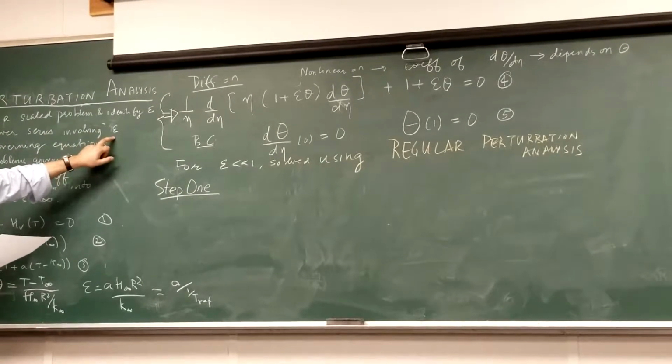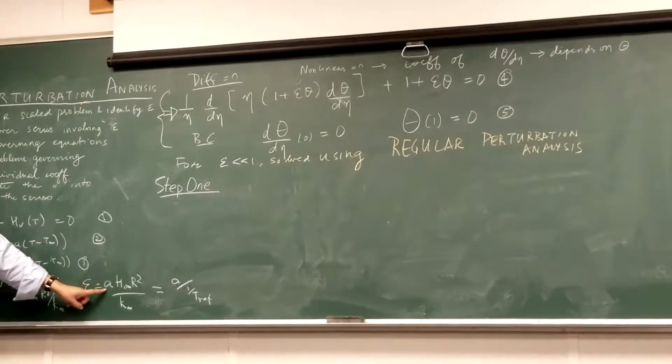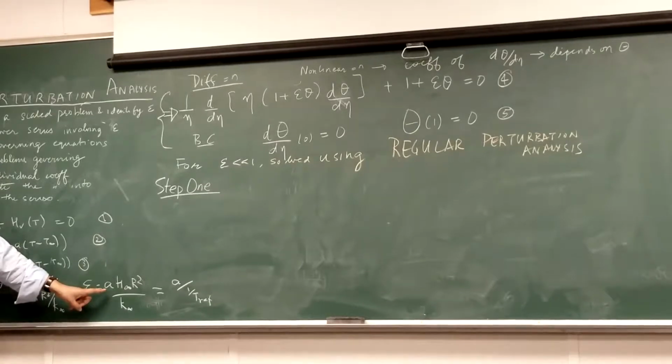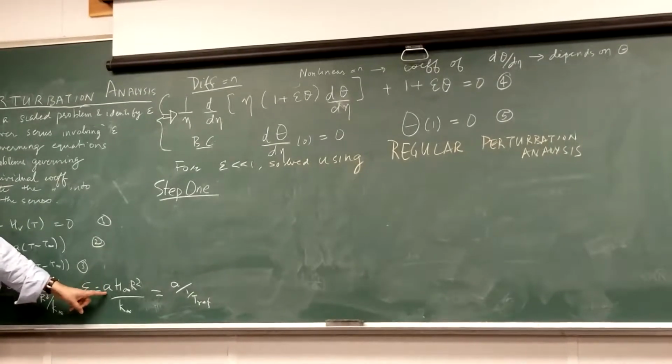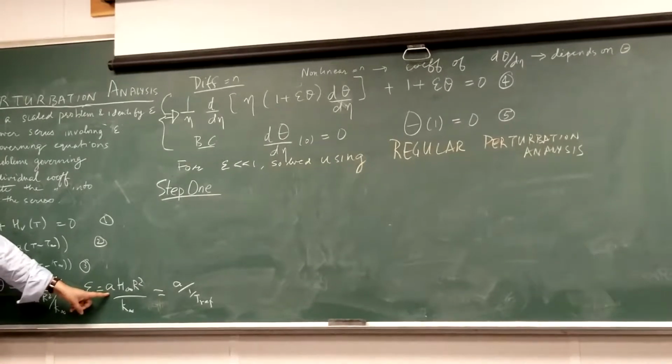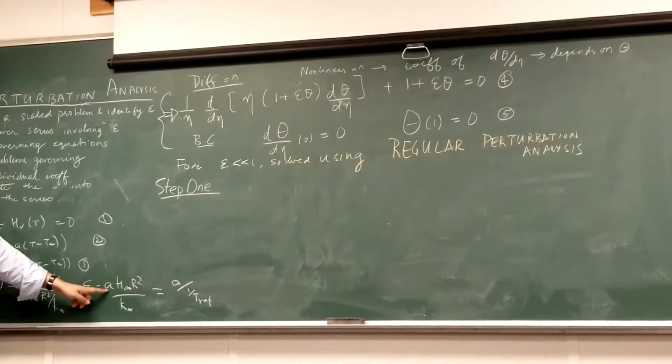So epsilon here is in some sense a ratio of a constant. If I fix the temperature, if I fix the material, then this is a material dependent property. Of course, it depends on the choice of material, but once I pick the material, then this is a constant.